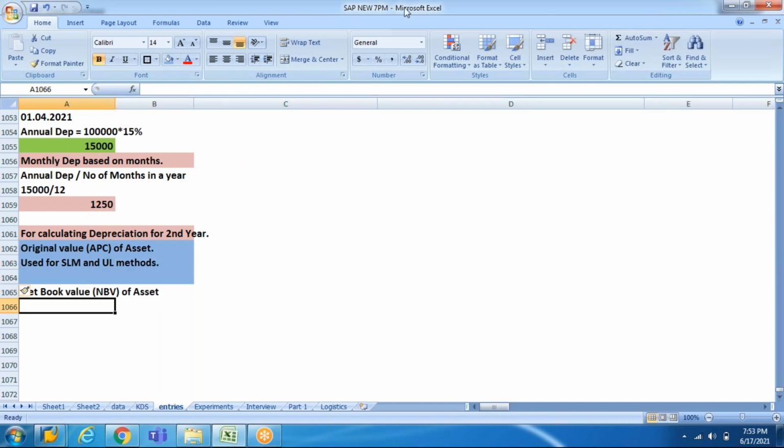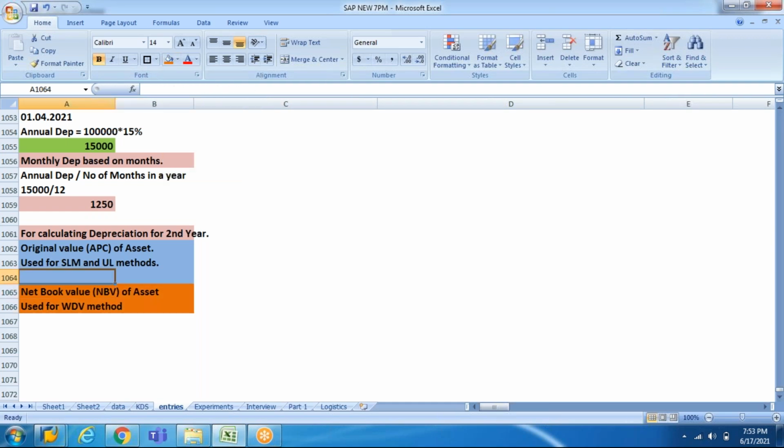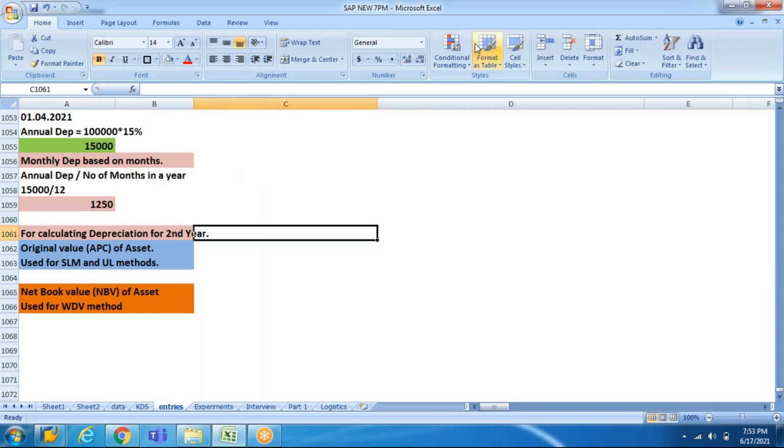This net book value is used for the WDV method. Sorry, your net book value is used for the WDV method. Clear?